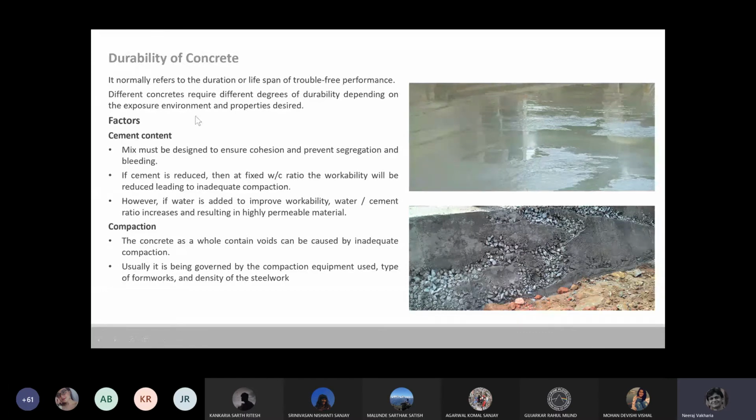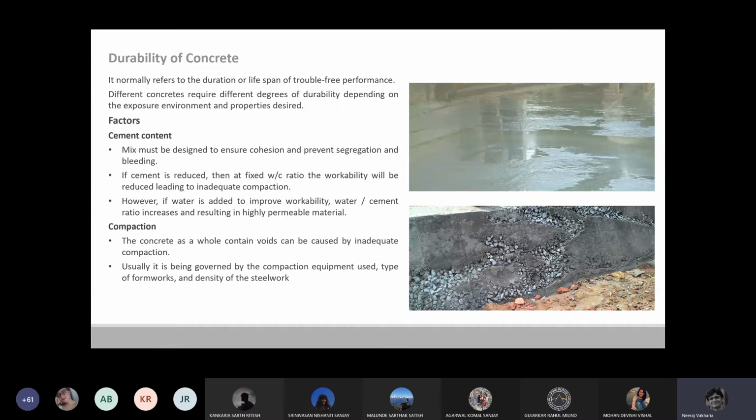Different concrete requires different degrees of durability depending on the exposure, environment, or properties desired, or where it is going to function, may it be an industrial building, chemical building, or dams. Accordingly, we have to tweak the criteria for durability.